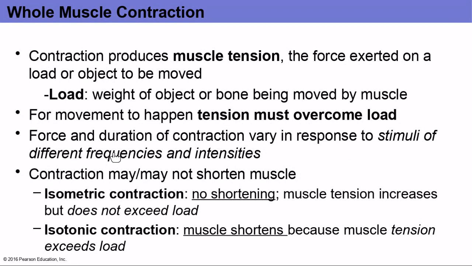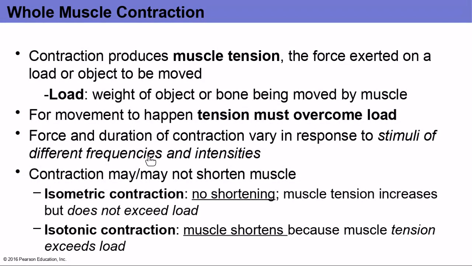And so the motor neuron will give different frequencies. It will give different intensities to the muscle fiber. And again, the whole muscle in response will vary in its degree of force of contraction and how long that contraction is taking place. Okay, so the main idea is it's mainly going to be dependent on stimulation and input from the motor neuron.